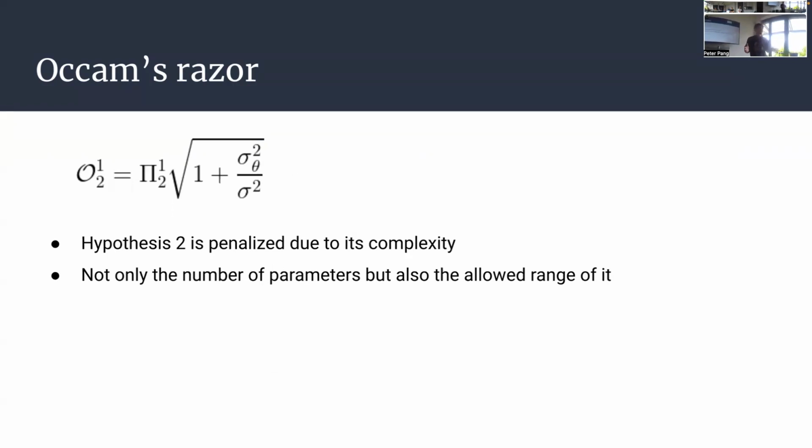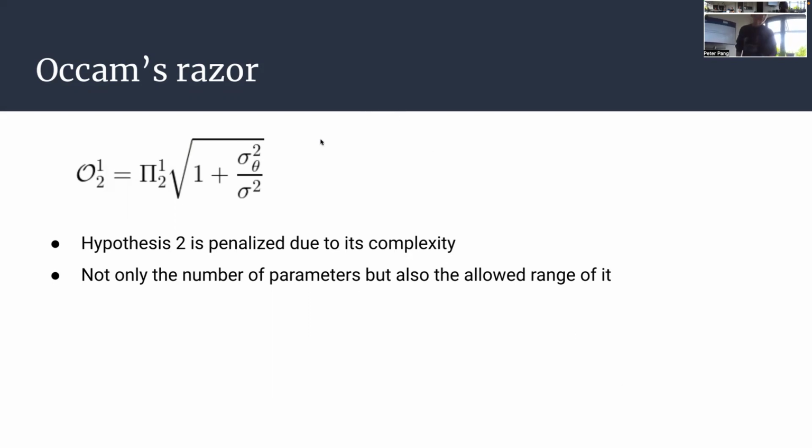So in case our prior width goes to zero, so basically there's no free parameter, then sigma theta becomes 0, and the Bayes factor becomes 1, because hypothesis 2 is becoming hypothesis 1 again. Of course, they're the same. No free parameters, no penalization.